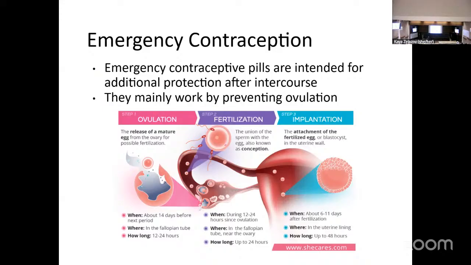But that does also mean that if your patient is unlucky and has just ovulated, this pill isn't going to do anything. Okay. So we're preventing ovulation, and that covers most of our bases by covering these events where fertilization should occur.